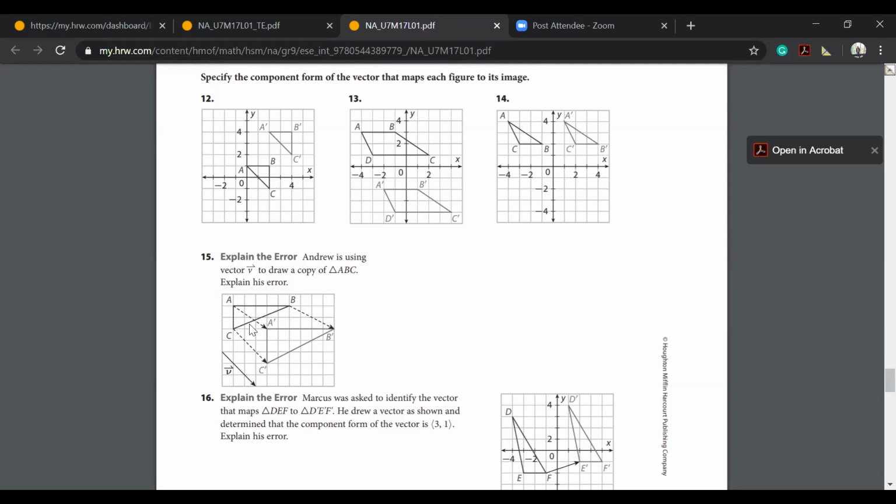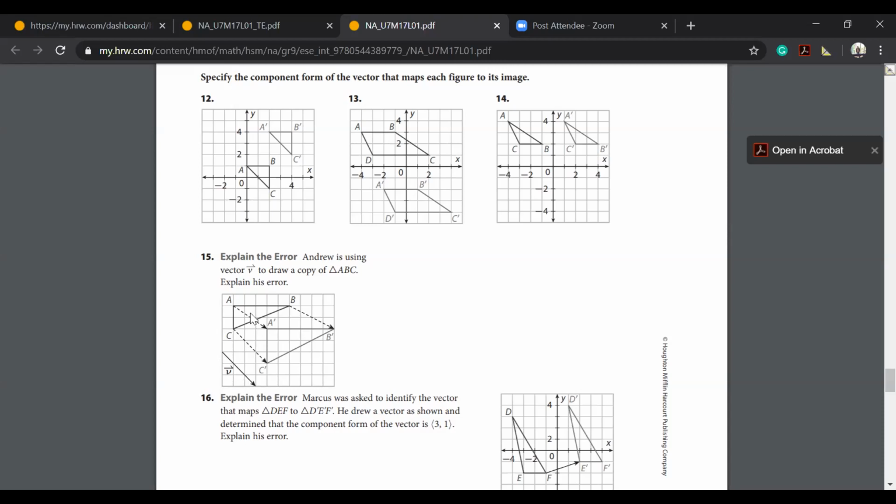So there is something wrong here. Let's start counting. My vector, I should move how many points? From the initial to the end, I should move 1, 2, 3 down and 1, 2, 3 right. So 3 down and 3 right.